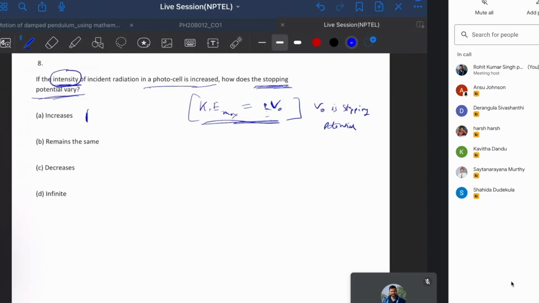We are just varying the intensity. Okay, one more vote to increases. Anyone else? Shahida, what do you think?